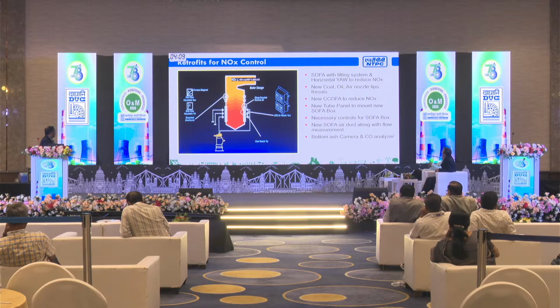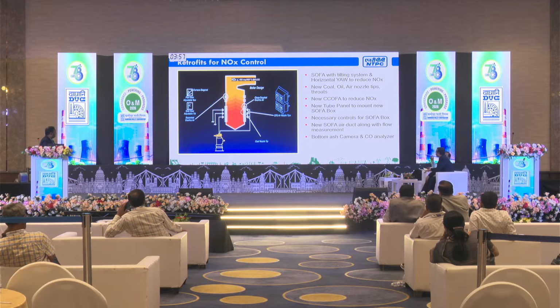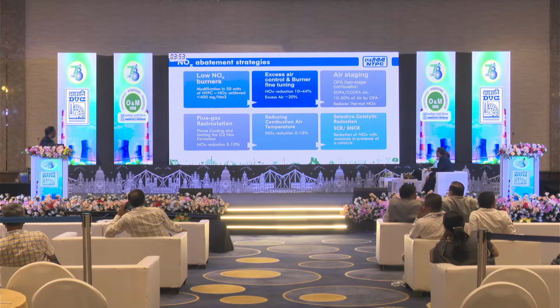So we can see the air is divided into two stages. This is the secondary air duct, and on the upper side, this is a SOFA duct, which is for secondary combustion, and it helps in the reduction of NOx. So these are the basic methods for the abatement of NOx inside PC boilers.